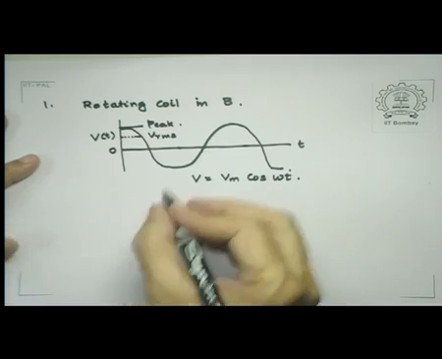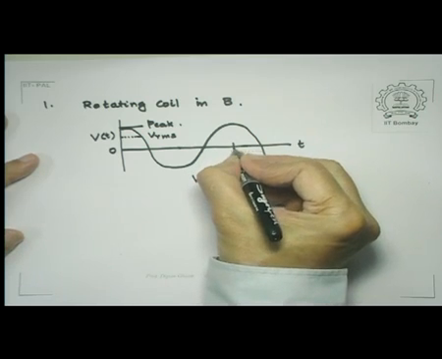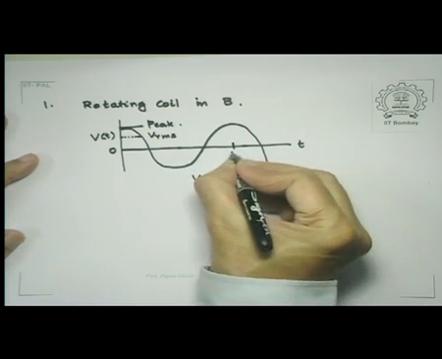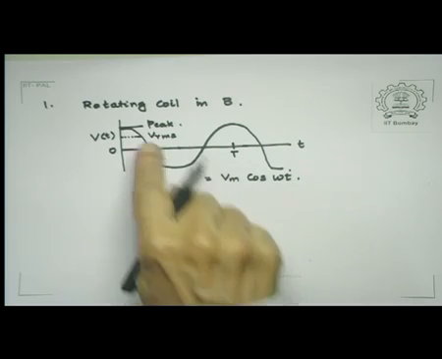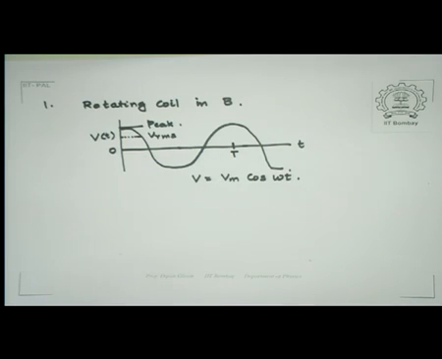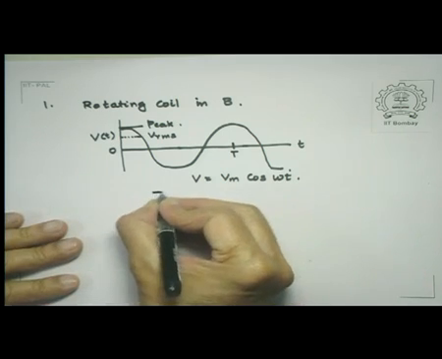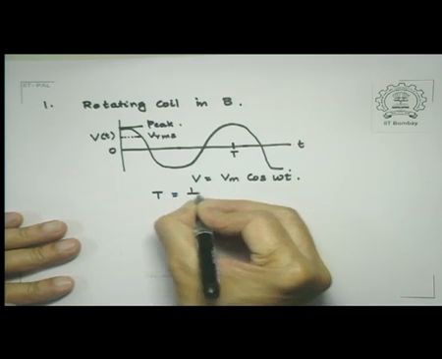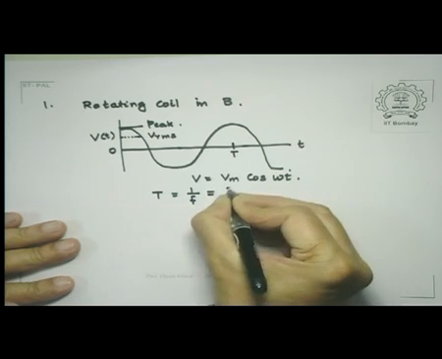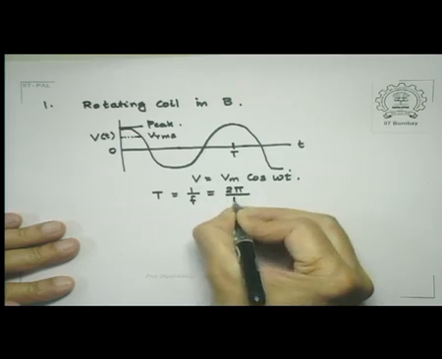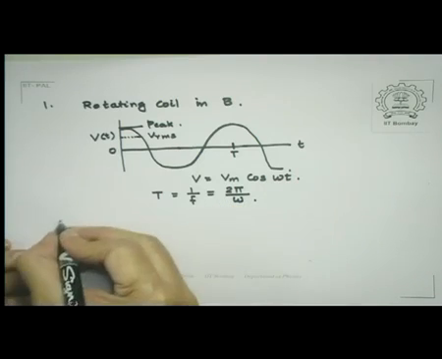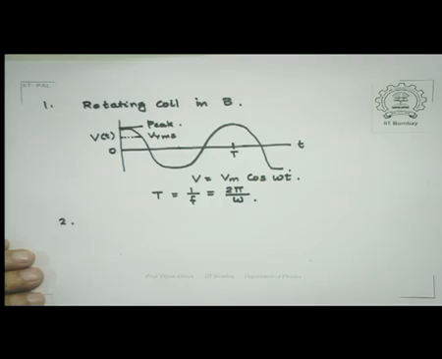The time period, which is this distance of time between time t equal to 0 and the time when it again returned back to the same value of the voltage. So time period T, which is the inverse of the frequency, is 2 pi over the angular frequency omega. This oscillating EMF also leads to an oscillating current.